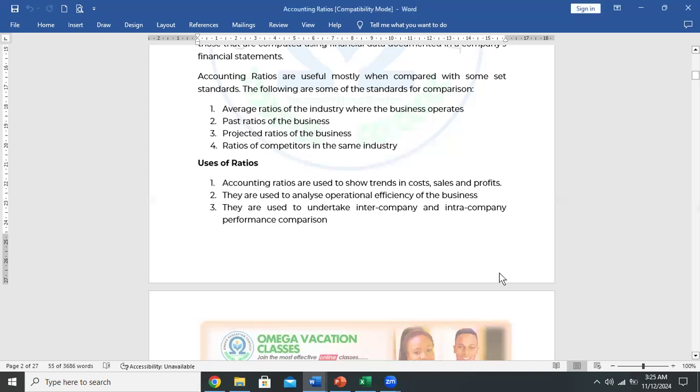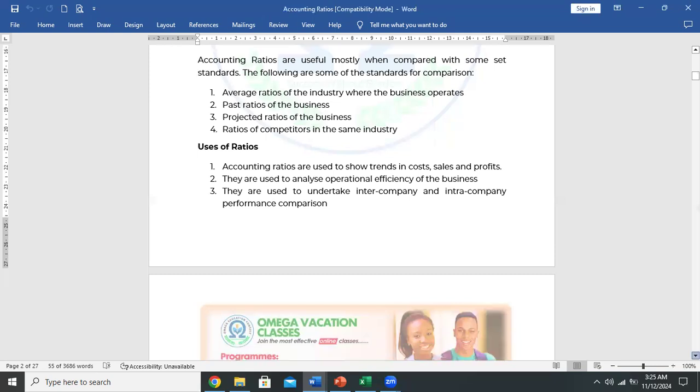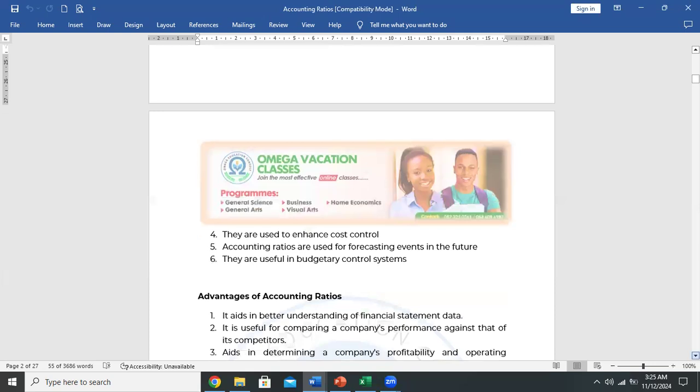If you have a question, please feel free to ask me and I'll address it. Okay, we also have that they are used to enhance cost control. Yes, I think this makes sense. As you compute the ratios, you can be able to tell where cost can be controlled. Accounting ratios are also used for forecasting events in the future. So they are also used to make predictions.